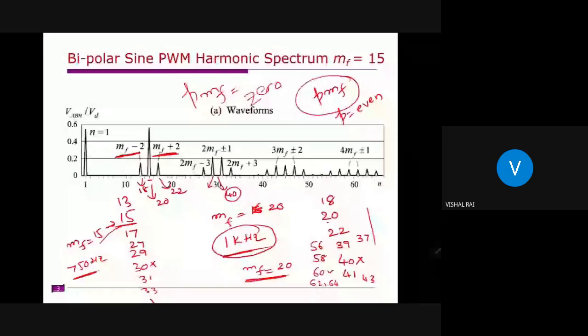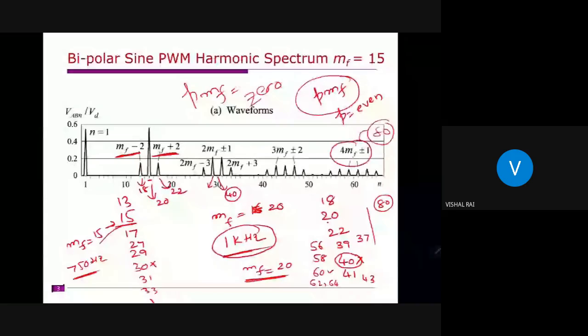So here the 40th is 0. Similarly, the 80th harmonic, corresponding to 4MF, is also 0.